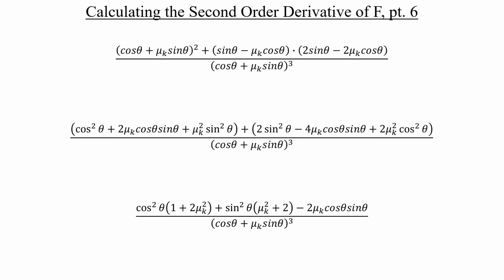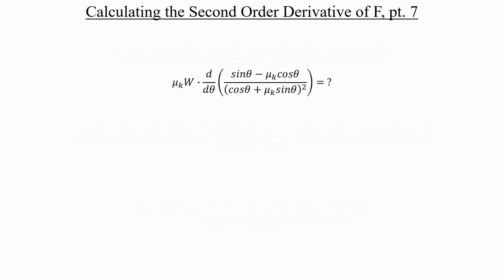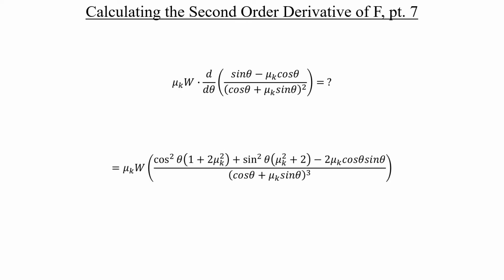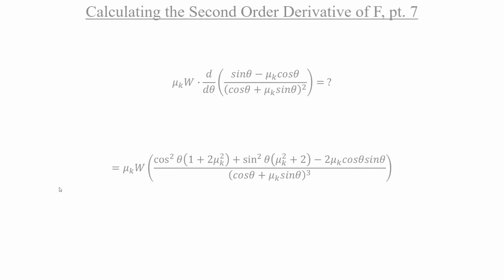Before we call this complete, though, let's not forget that mu sub k times w term that we factored out earlier. If we put it all together, this is the final form of our second order derivative that we needed to figure out. What we need to do now is to graph it from 0 to 90 degrees.